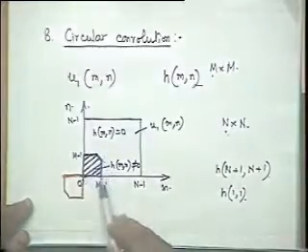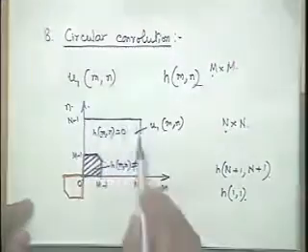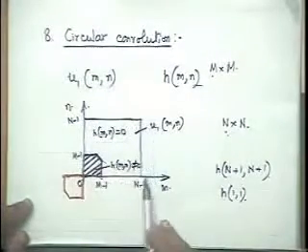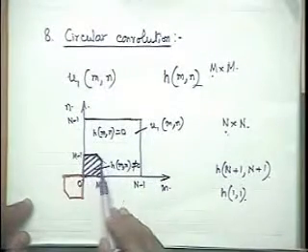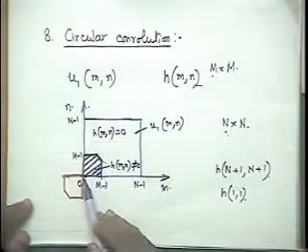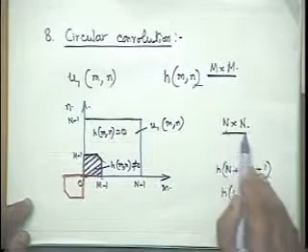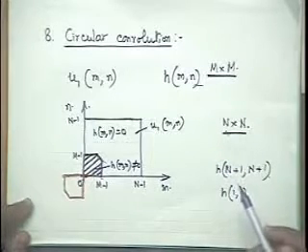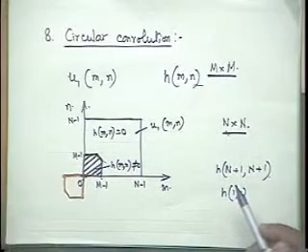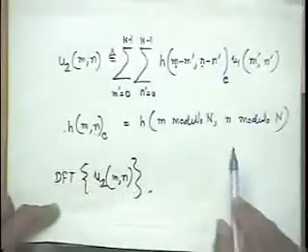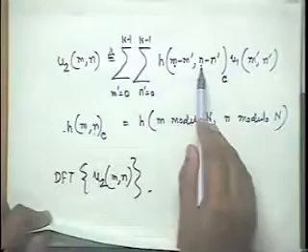So this was our original h function, and the function u1 of m, n was defined over the entire N by N array, whereas the function h of m, n was defined over an M by M array. So this was M by M, whereas the image was for capital N by capital N. All right. Now, in this definition we have m minus m prime, n minus n prime.